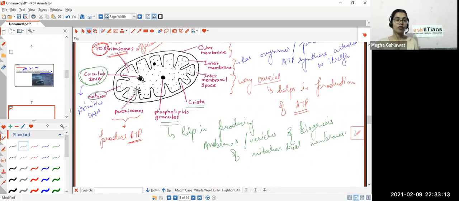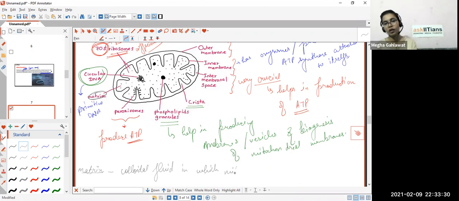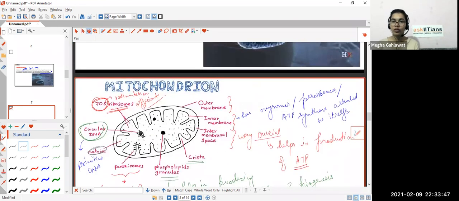Matrix is the colloidal fluid, or the thick fluid, inside which everything in the mitochondria floats. Okay, the colloidal fluid in which the mitochondrial parts, that means the DNA or ribosomes, etc., float, right? That is all about the mitochondria that you need to know.